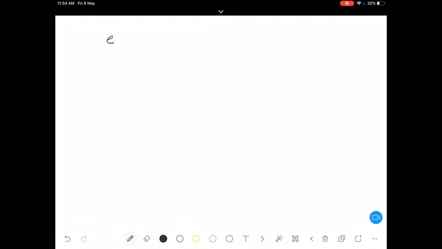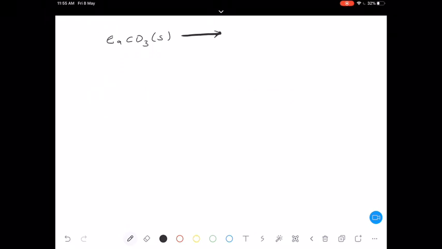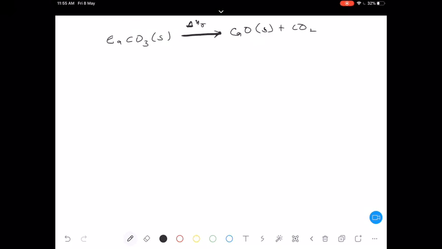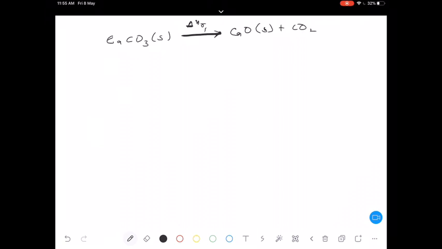Let's say here I write CaCO3 solid giving you CaO solid plus CO2, with delta HR1, carbon dioxide here in gaseous state.